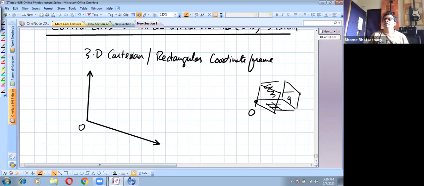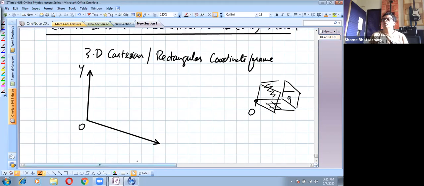So that is, let's say, your y-axis. So your x-axis. So don't think of this like a 2-dimensional diagram. This is a 3-dimensional diagram where this is your origin.